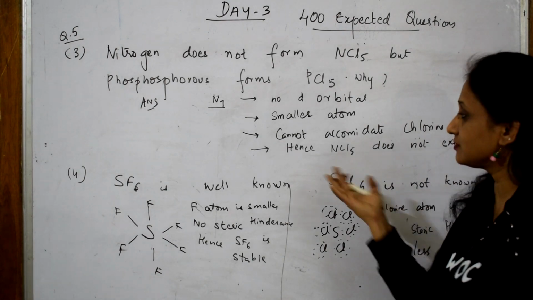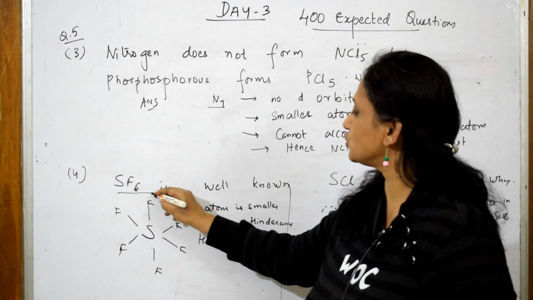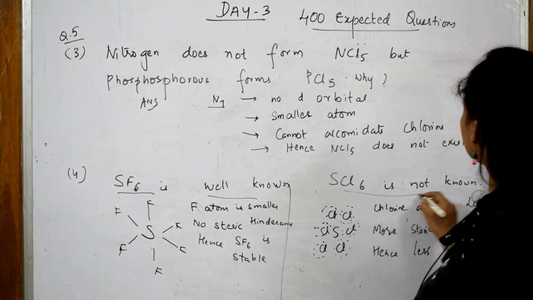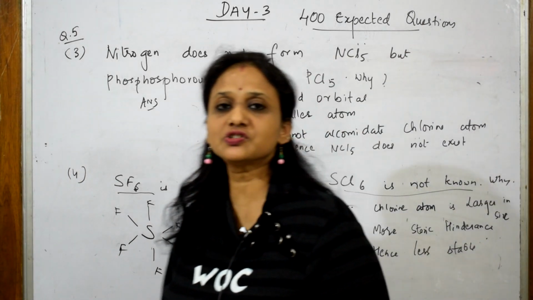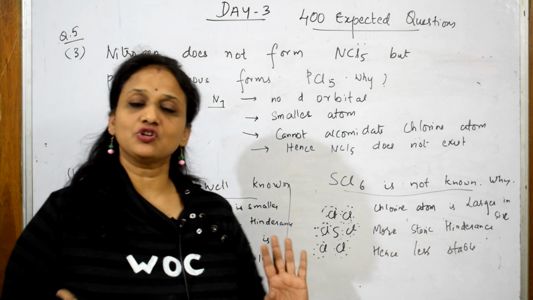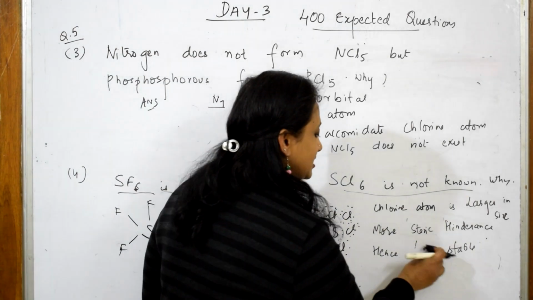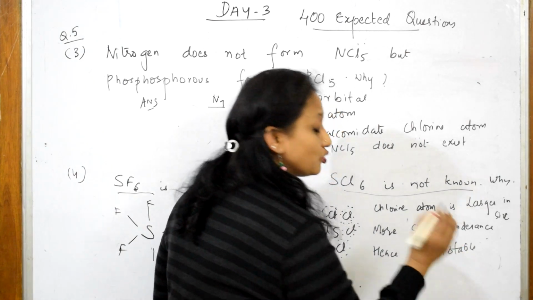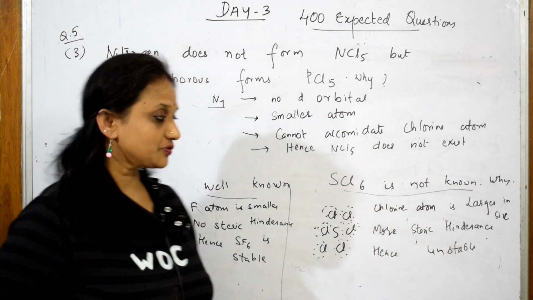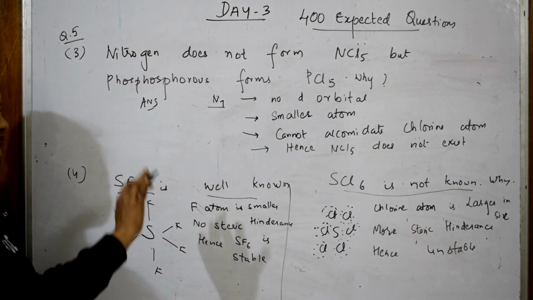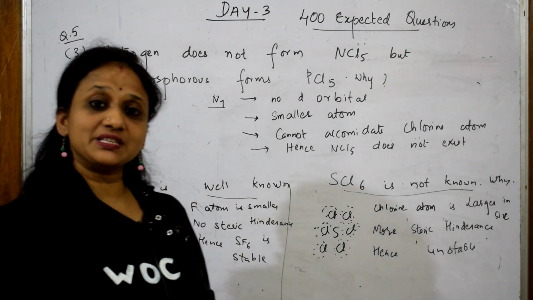Simple. Correct. That's why SF6 is well known. SCl6 is not known because the molecule is not stable. It is unstable. If I have to write hence unstable, let us write this. This is more appropriate. Got it, students? Now, I have written both answers. Now let us see the next question.